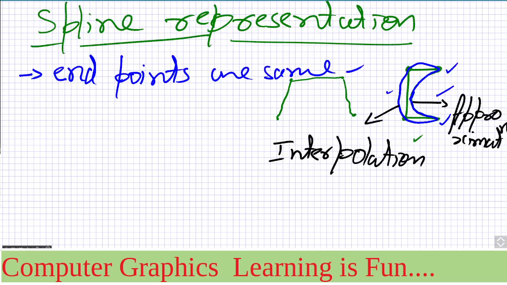Let me now talk about some spline representations. We are talking about spline representation. What we considered is 4 points here. These 4 points, you can easily understand that in the English alphabet it was C. However, I proposed to represent it in a different way, not in exact line terms, but as a curve.